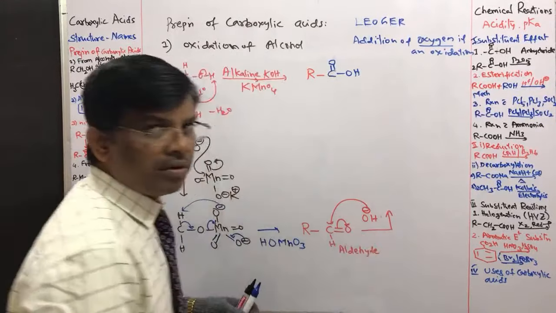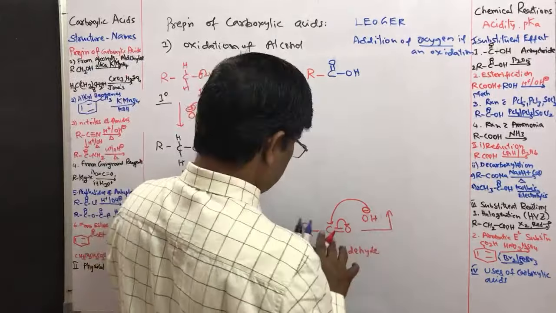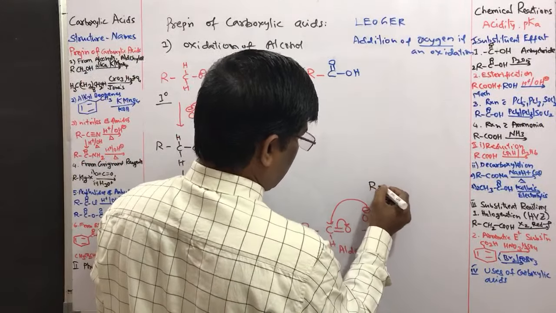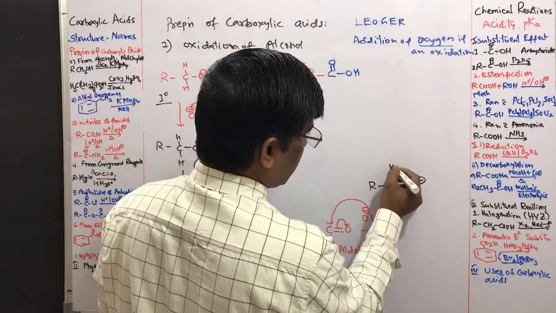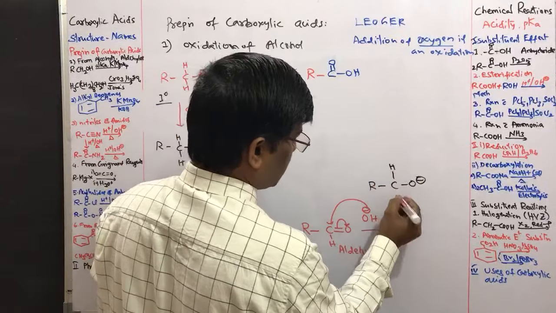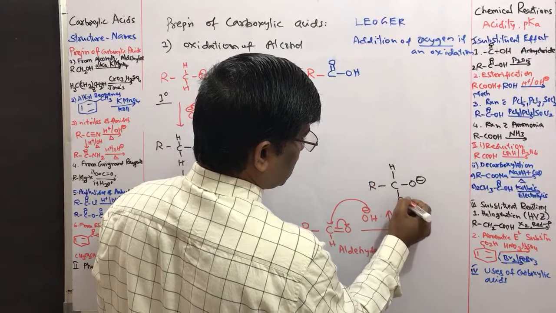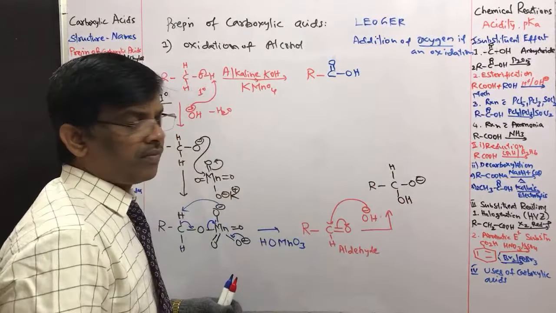To give RO minus, let me write hydrogen upside and OH downside.